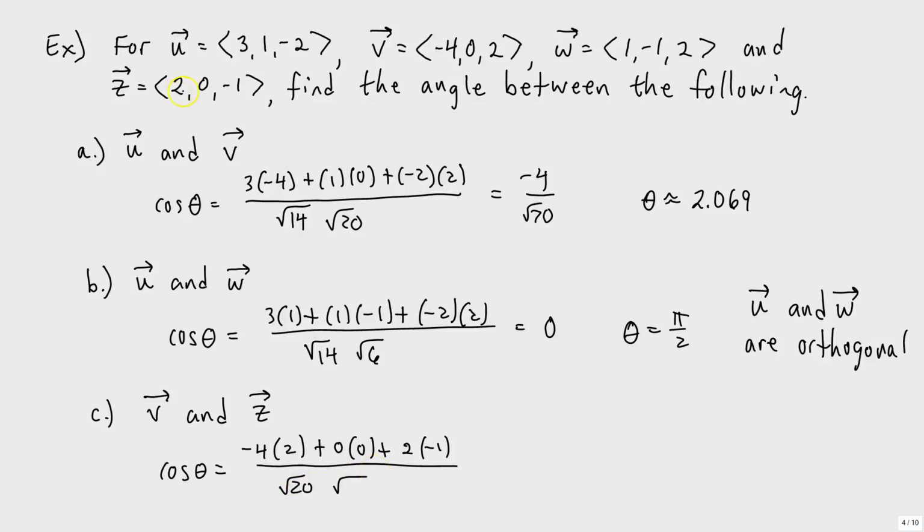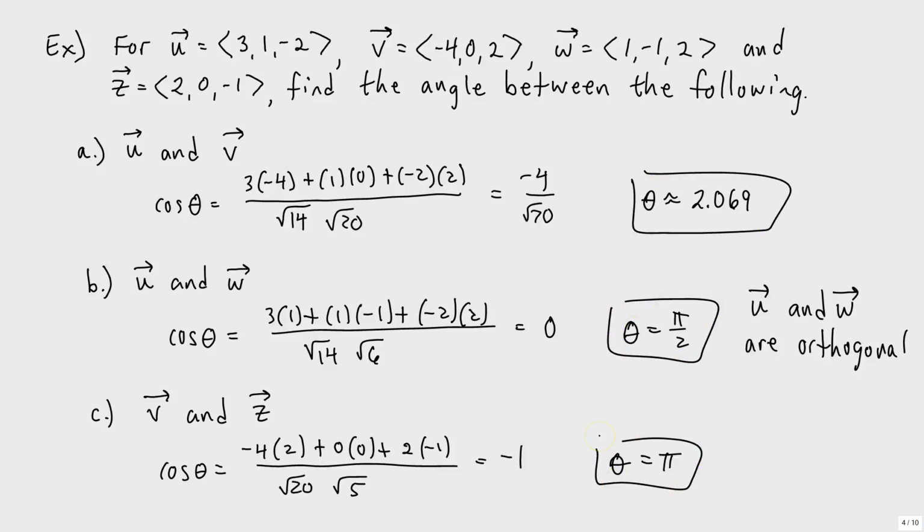Magnitude of z, that'd be 4 plus 0 plus 1, which is 5. So that comes out to be negative 1, making the angle between them pi. Alright, so just a little bit of practice finding the angle between two vectors. Not too bad.